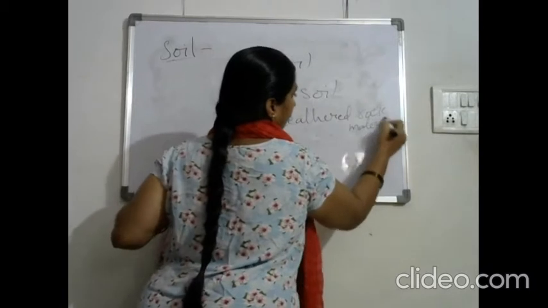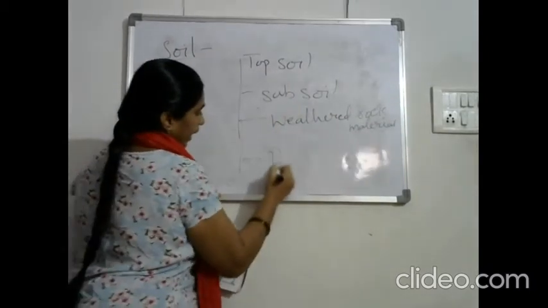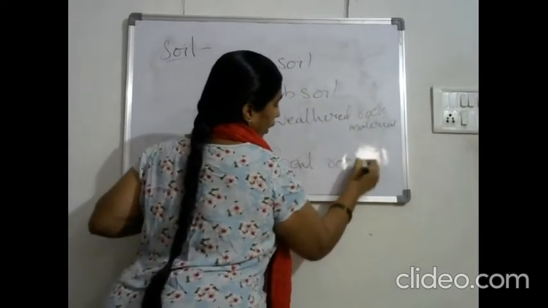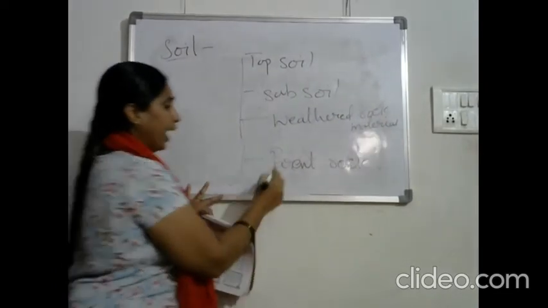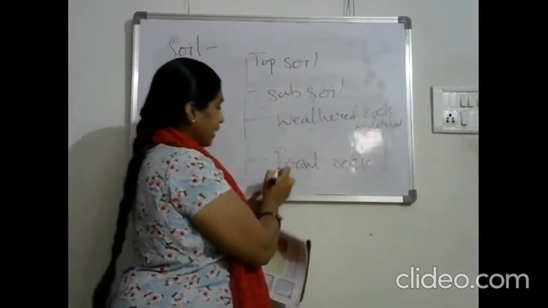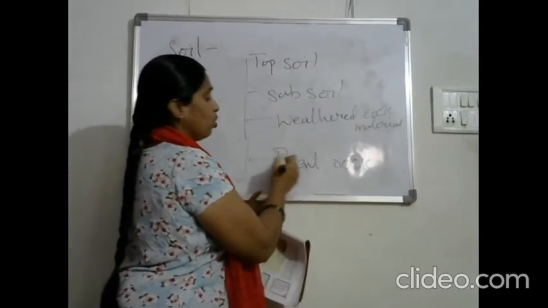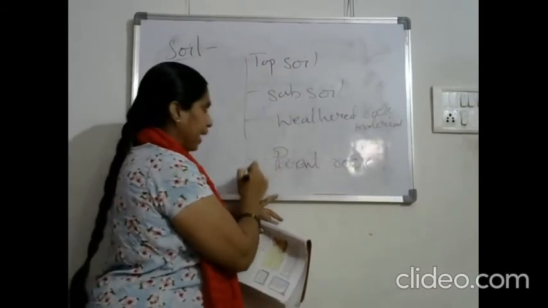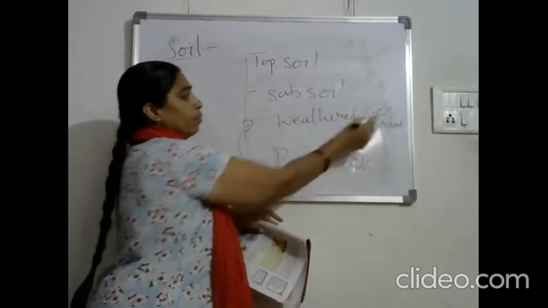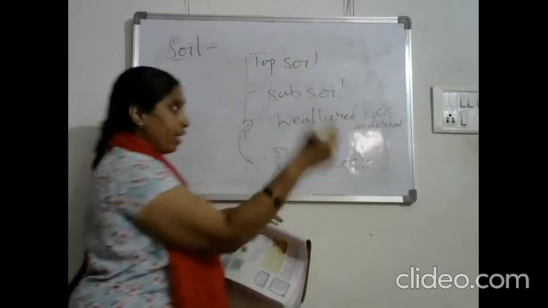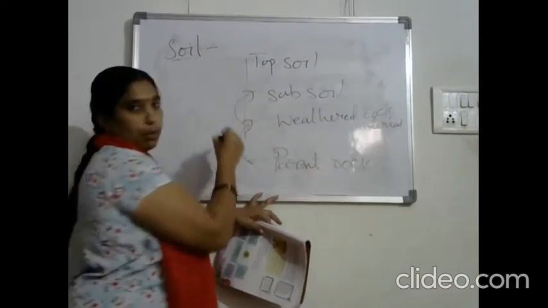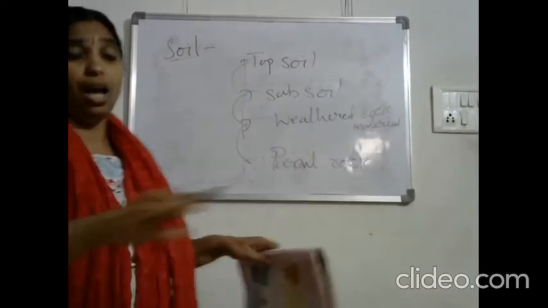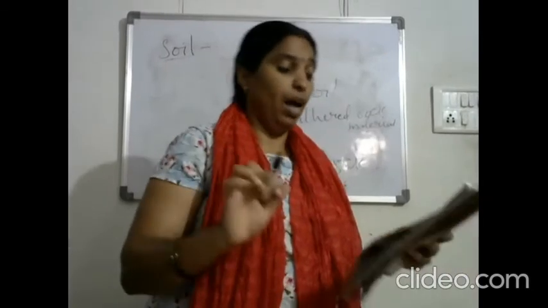And the last one is the parent rock. Here lies the parent rock. This parent rock is the rock through which the soil is formed. Now these rocks break up and combine with other organic matter and form the subsoil, and this is the topsoil which we can see on the surface of the earth's crust.